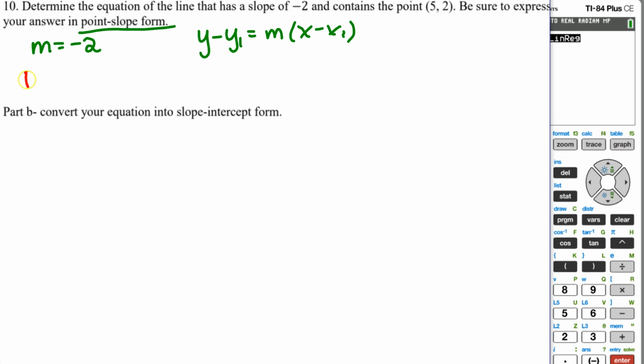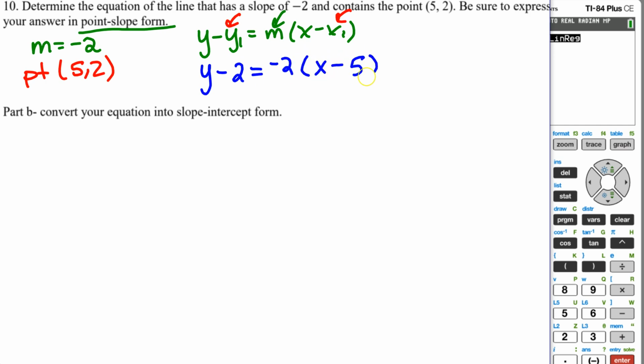I have a point of 5, 2. So I'm going to plug the points into the x1 and y1 and the slope into m. So y minus the y coordinate equals the slope of -2 multiplied by x minus the x coordinate of that point. So that's it for the first part.